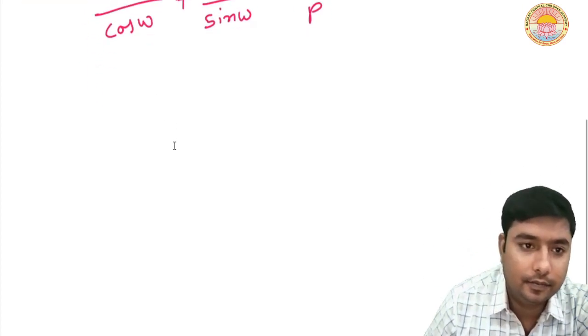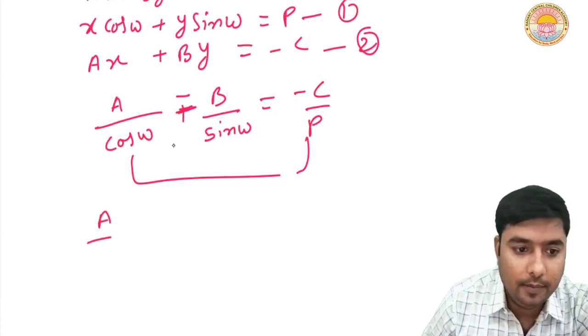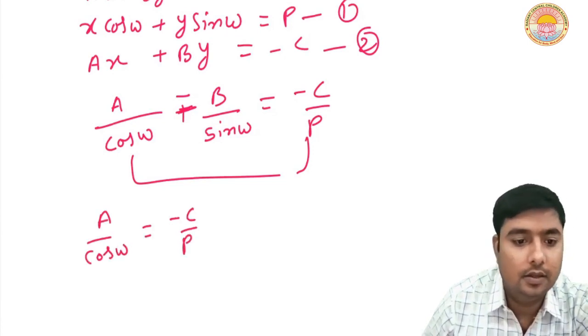Now we can write a upon cos omega equals minus c upon p.